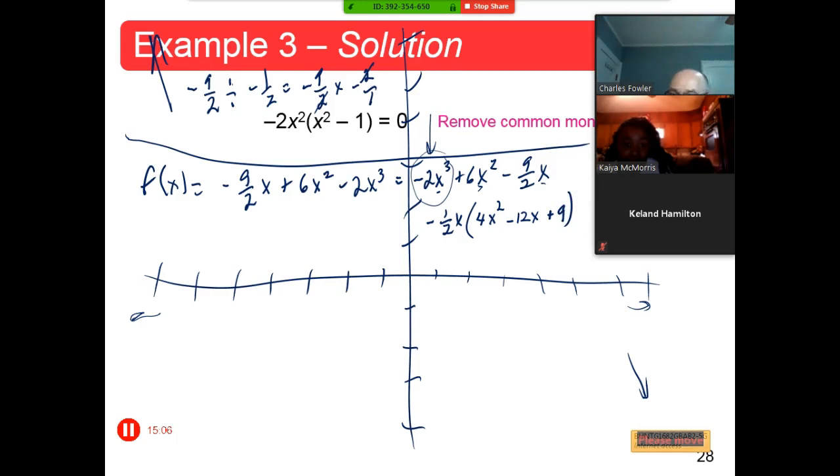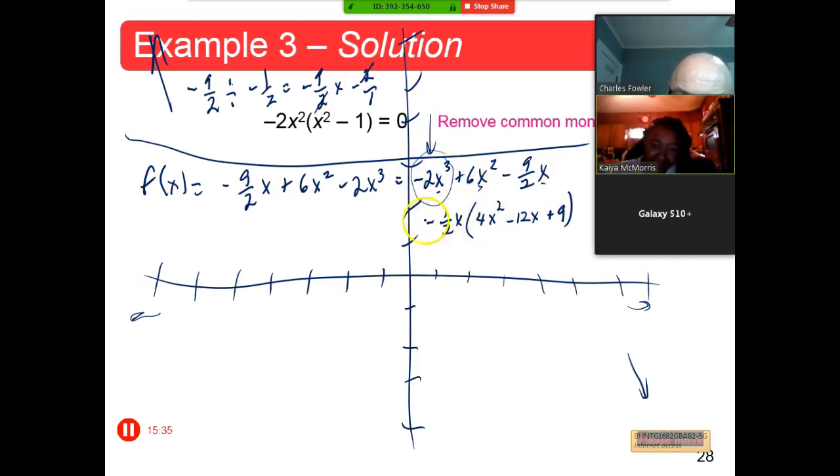Now, let's step back for a moment and make sure what we just did is right. Okay? If what we just did is right, then when we multiply this through, distribute that through, you should come out with exactly what you had to begin with. Well, let's see. Negative 1/2 of 4 is negative 2, right? And x times x squared is x cubed.